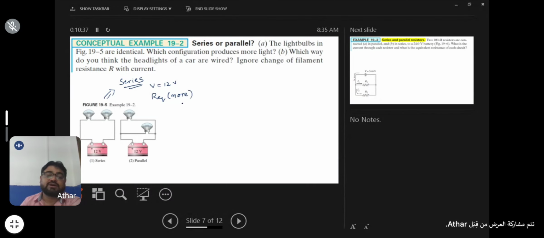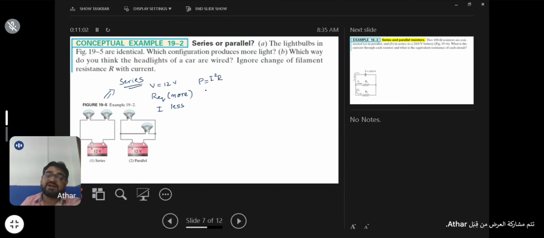When resistance is more, current will be less. So more resistance, less current. Less current means how much will be the brightness? You will say P is equal to I squared R. So I is squared here.